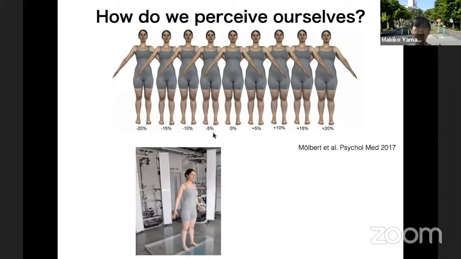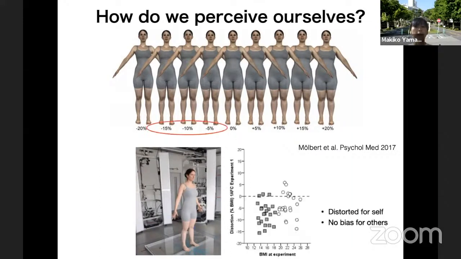Subjects observe each avatar and decide if the avatar is really themselves or not. And it was found that there is a lot of distortion regardless of the BMI of the subject.